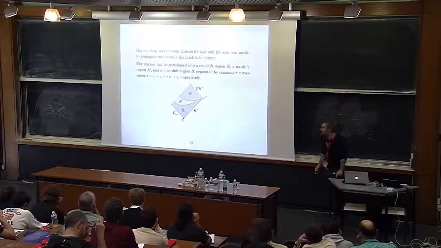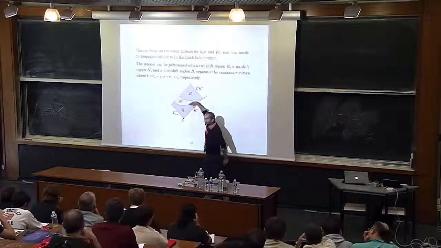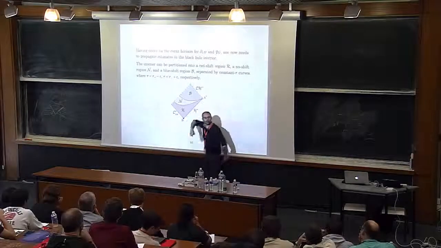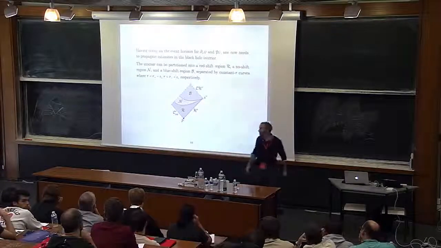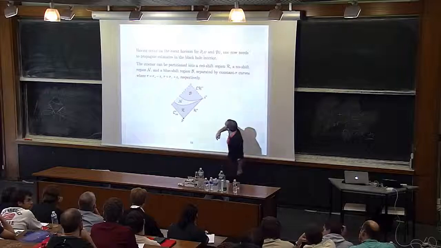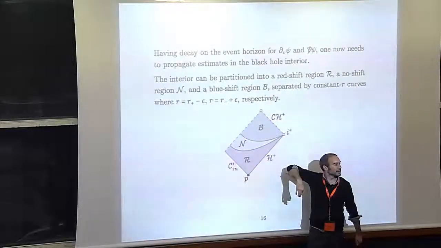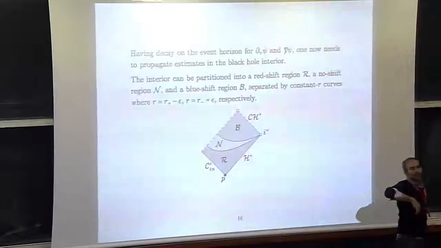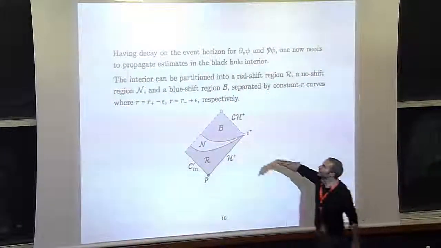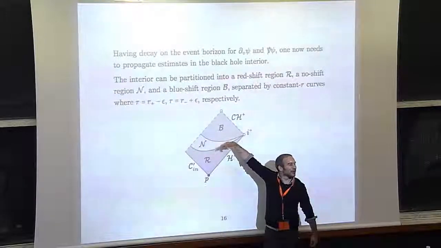So once you have this, then you want to propagate estimates into the black hole interior, and it turns out that there's a sequence of three regions that it makes sense to talk about. What I'll call a redshift region, which is the region near the event horizon. This is the same redshift that figured in Maciek's talk. Then a no-shift region, when nothing much is going on.